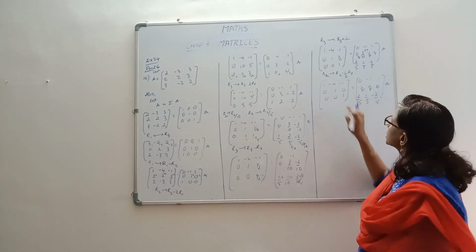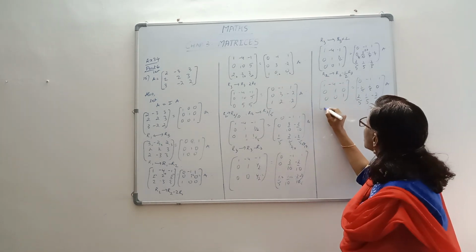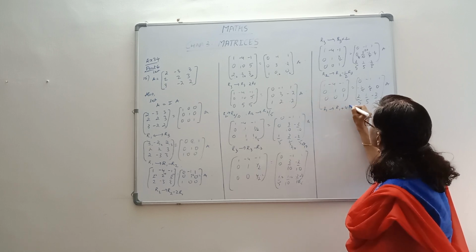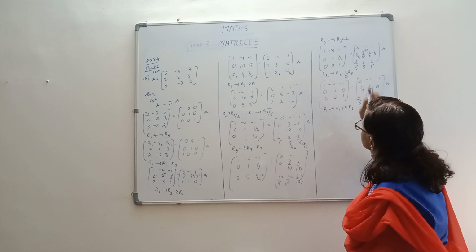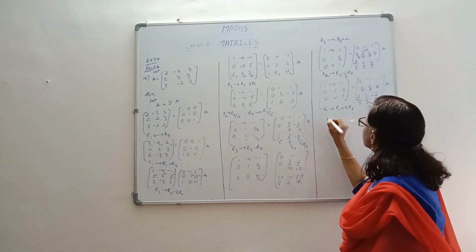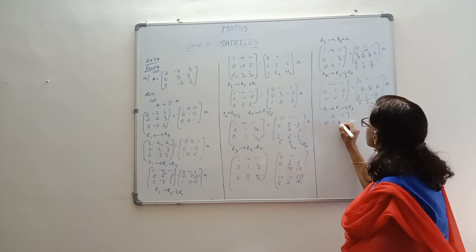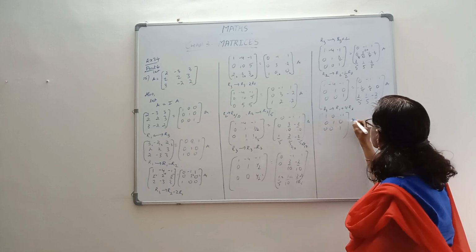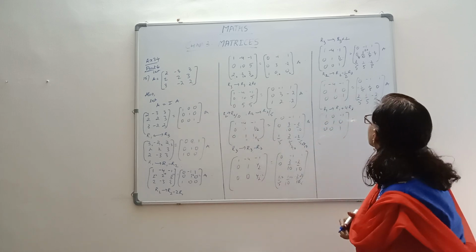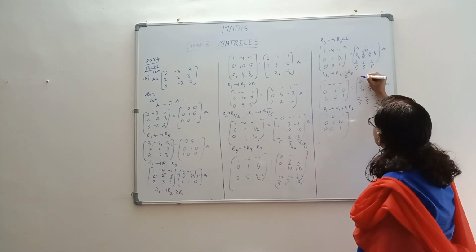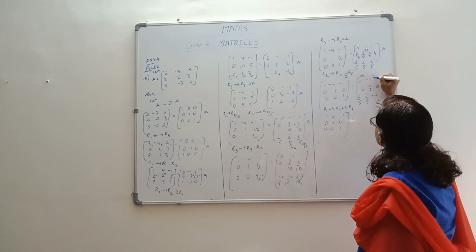Then our aim is to remove this, so R1 becomes R1 plus 4 times R2. If we get plus 4 here, this will be removed. So that will make this 1, 0, minus 1, 0, 1, 0, 0, 0, 1. This side is simpler. Now this side is going to work. 4 times R2. So this is minus 4 by 5. Again, minus 4 by 5.